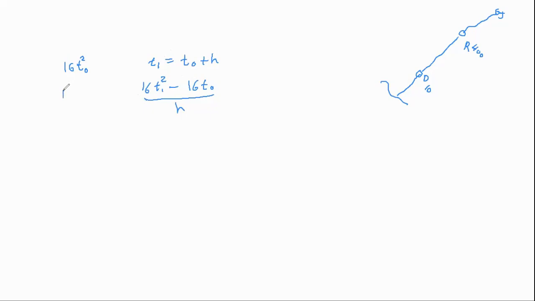I'm just going to write it over here for you. So we have 16 t1 squared minus 16 t0 squared divided by t1 minus t0. Okay, this is equal to this, right? All we did is we plugged in h instead of t1 minus t0.